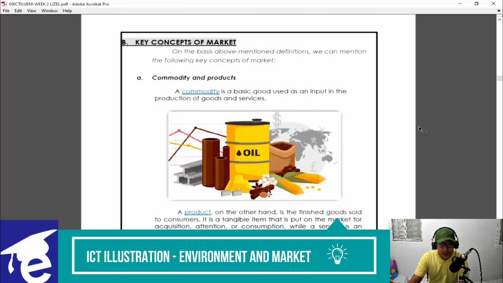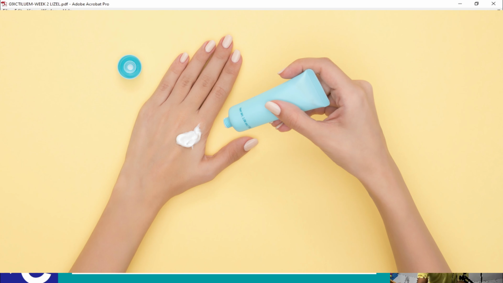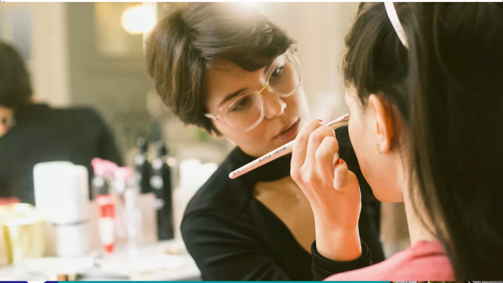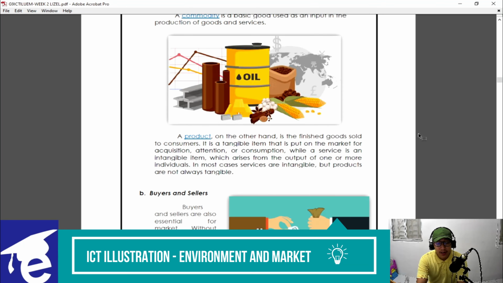First we have commodity and products. Commodities are essential basic goods, or other finished products that can be tangible or intangible. That's the type of product that we can give to our clients using ICT, but it can definitely be sold to customers and consumers. There are two different categories: consumer and customer.